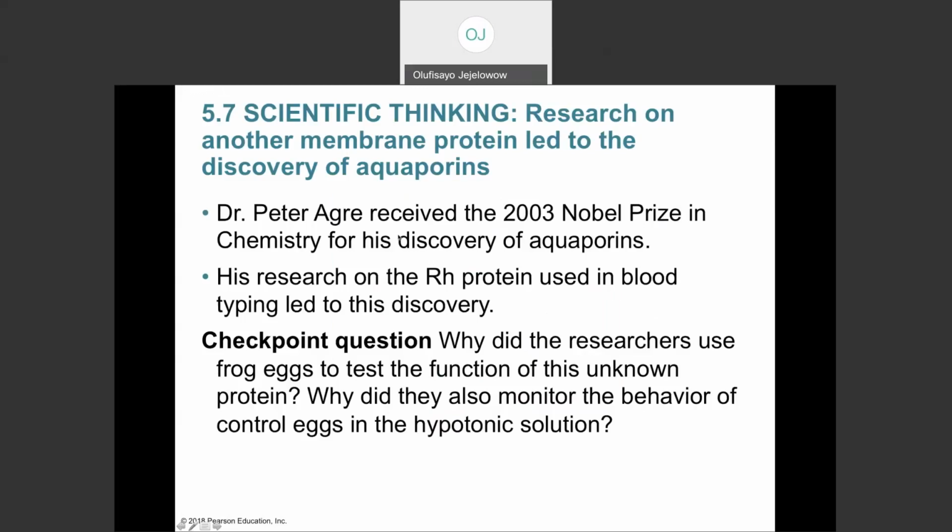Dr. Peter Agre received the 2003 Nobel Prize in Chemistry for his discovery of aquaporins. His research was on the rhesus protein used in blood typing, and in studying this protein, he discovered another smaller protein, and he investigated further, and that investigation led to the discovery of aquaporins.